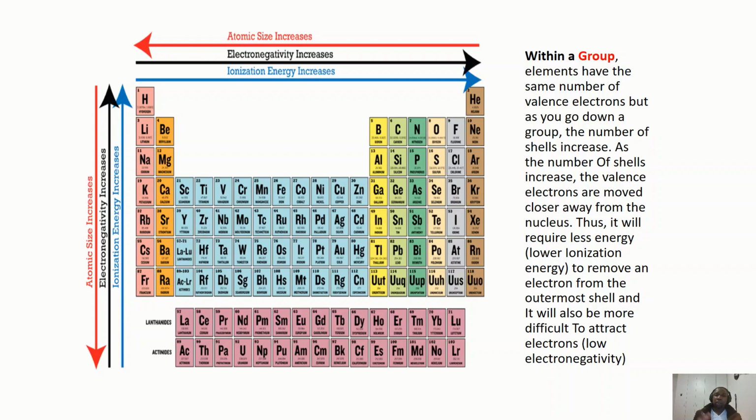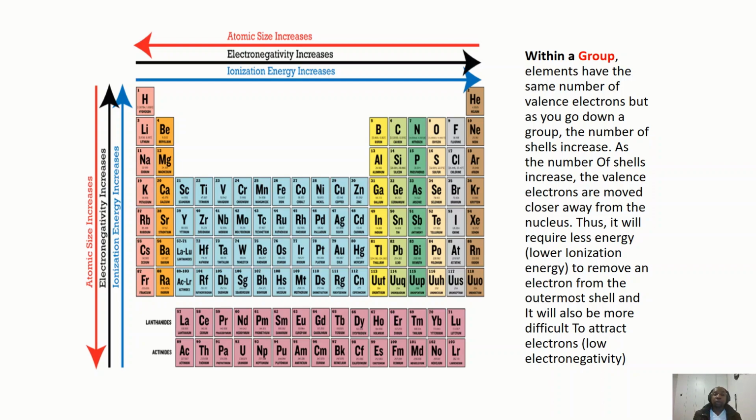So we discuss the group first. Within a group, elements have the same number of valence electrons. Now, what do I mean by valence electron? I've said it earlier. The valence electron is the electron that is in the outermost shell of the atom.